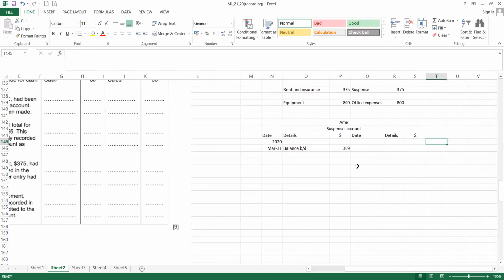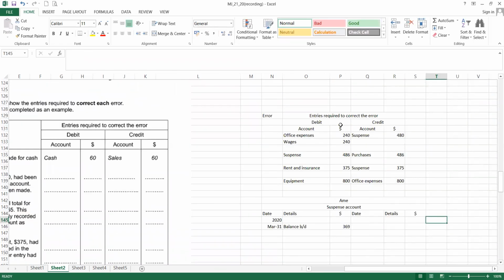Okay, the next thing, debit and credit, because we already did this account. If you look at the suspense, you put this one on the credit side. The date is the last date.